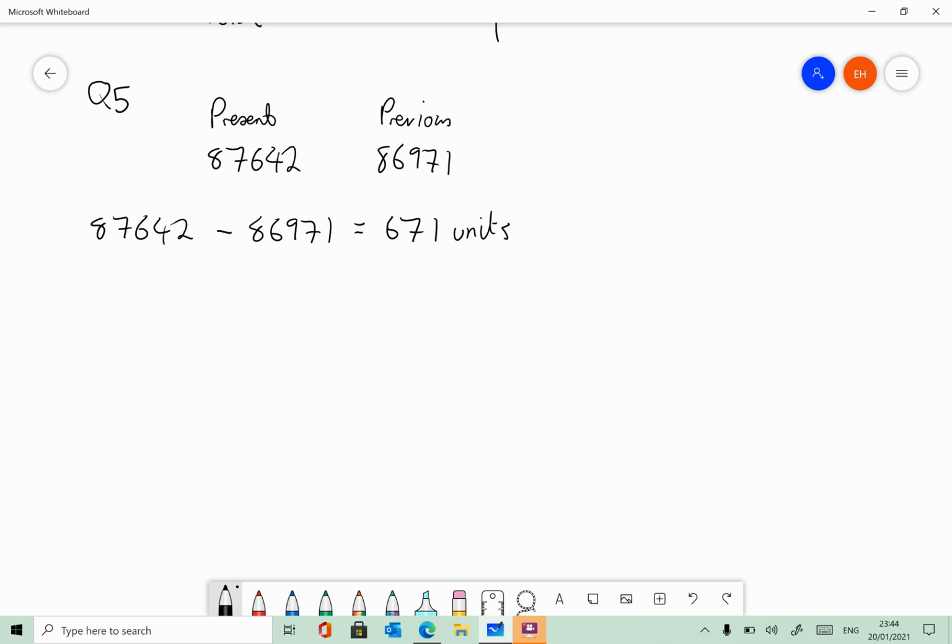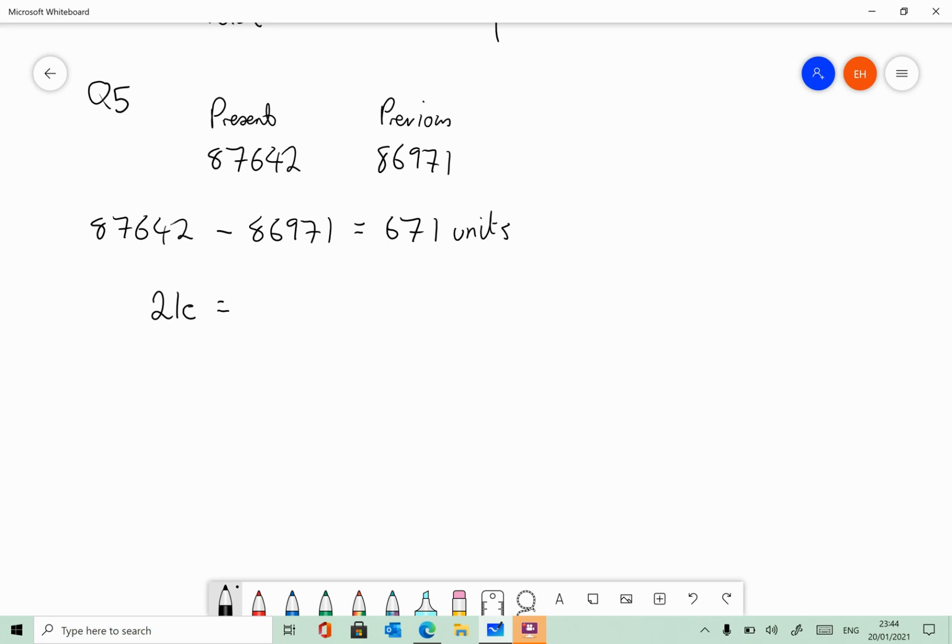Now, if each unit costs 21 cents, find the total cost of the units used. So there's something interesting here. 21 cents. You never get a bill in terms of cent. That never happens, okay? So at some stage we're going to have to turn cent into euro. We can do it now, or we can do it at the end. Let's do it now.